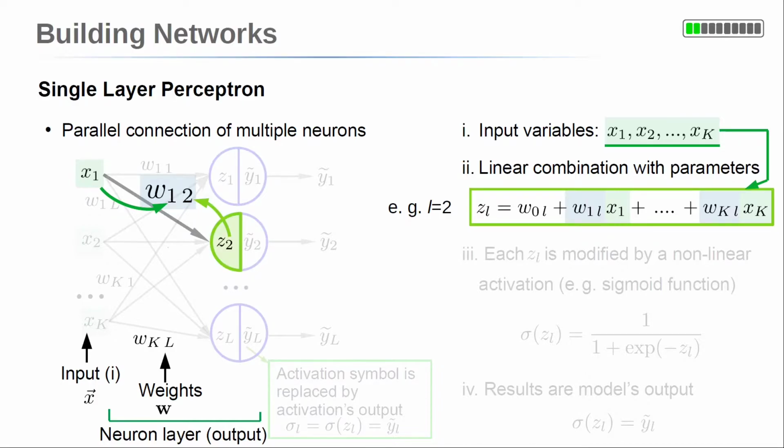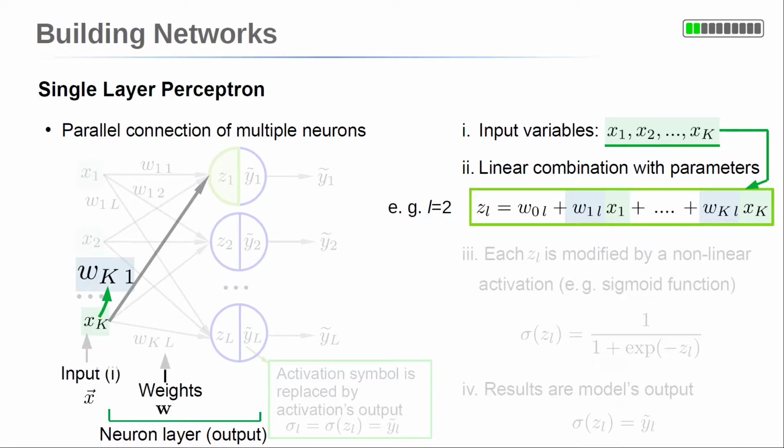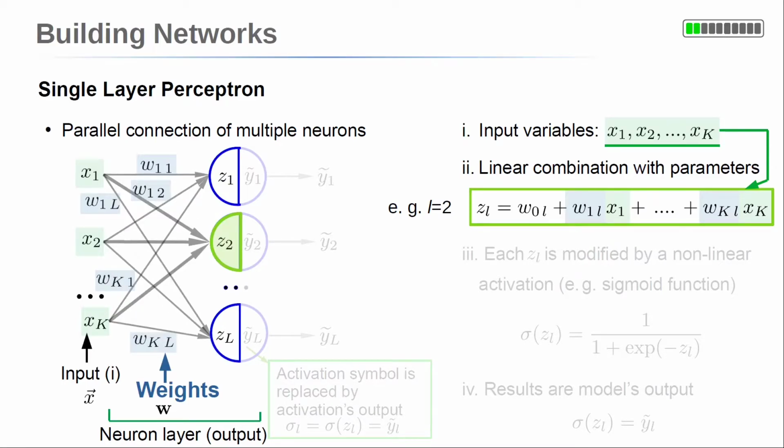A second index indicates the neuron for which the parameters are used in the linear combination. Each gray arrow from an input variable to a neuron represents a multiplicative parameter w. Such parameters are also called weights.